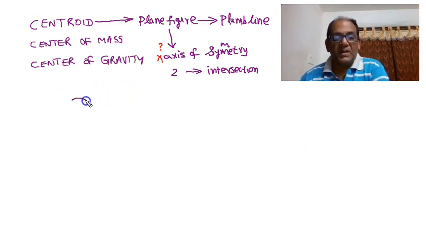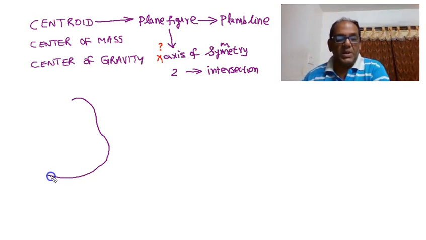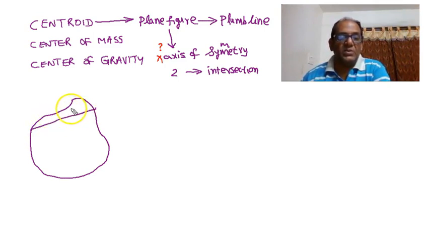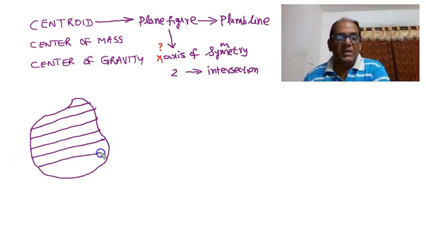Consider a plane area something like this, an irregular shape. Okay, and let us say we want to find its centroid. Okay, let me hatch it to show that we are concerned about the area enclosed by the boundary. This is the area that we are considering to locate the centroid of it.